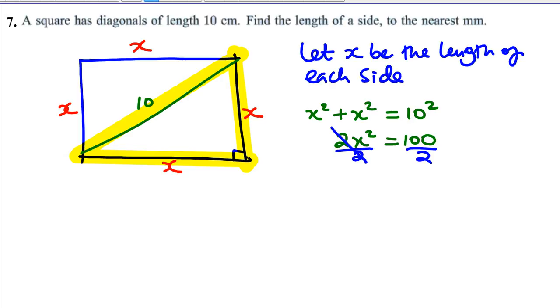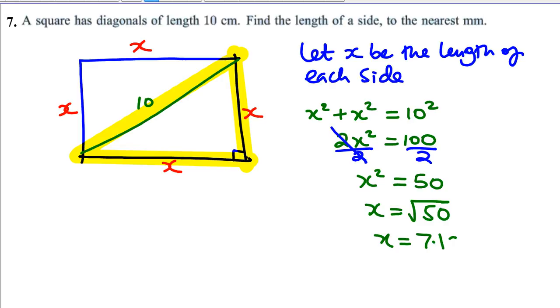The opposite of multiplying by 2 is dividing by 2, which will end up with x squared is equal to 50, and x will be the square root of 50, which will give us 7.1 centimeters, and that is equivalent to 71 millimeters.